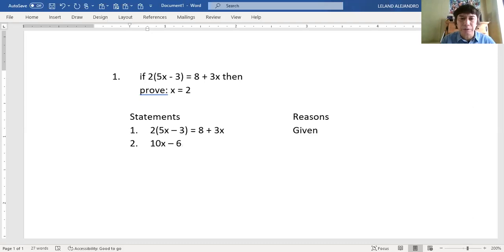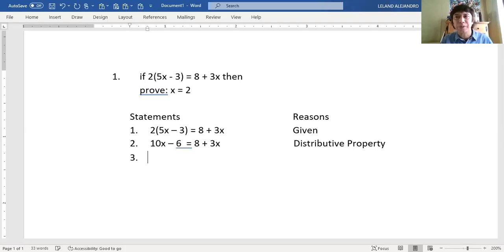And is equal to the right side 8 plus 3x. And this must be called distributive property.